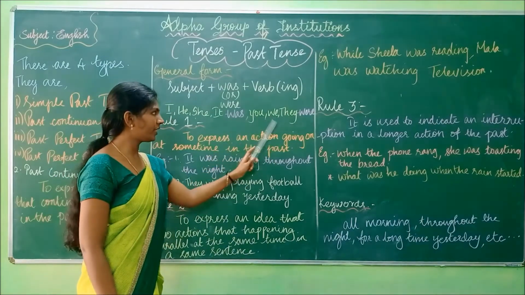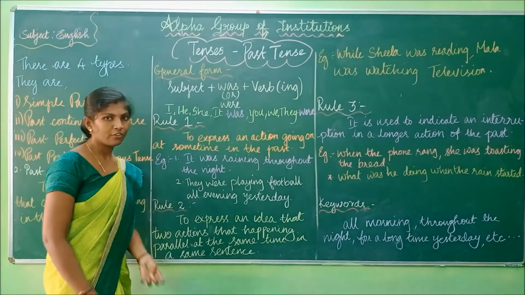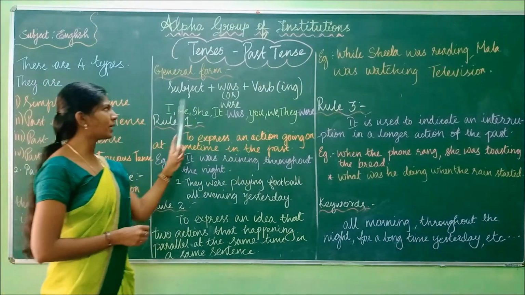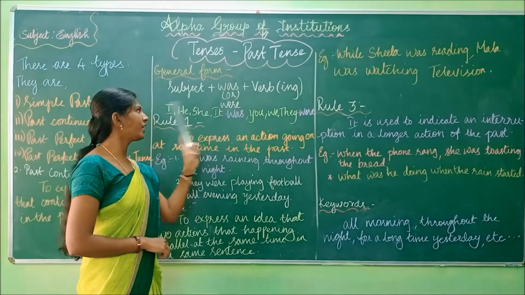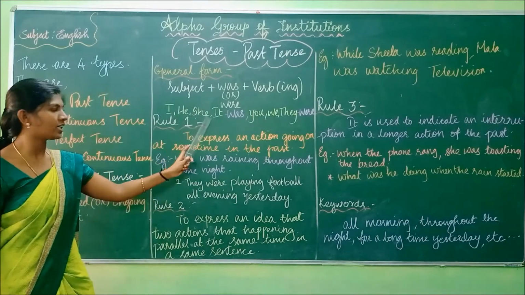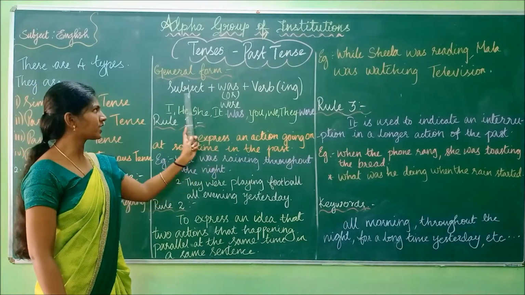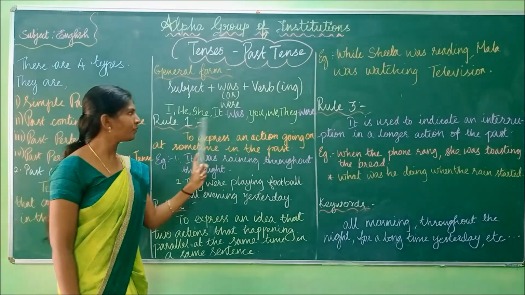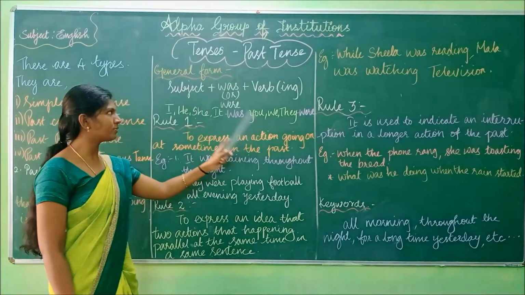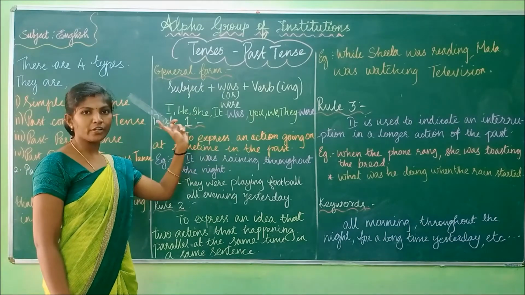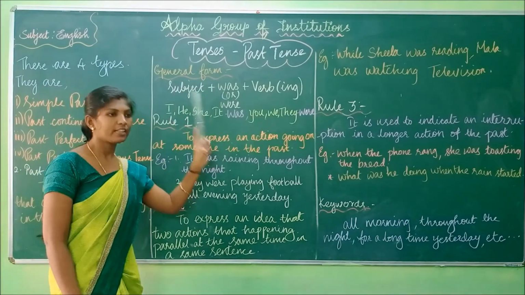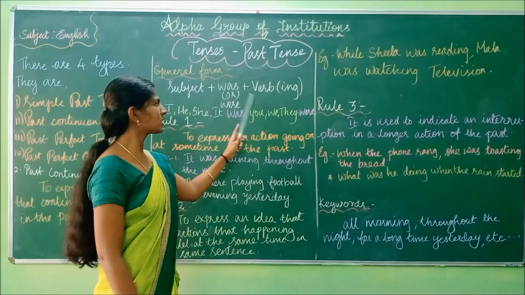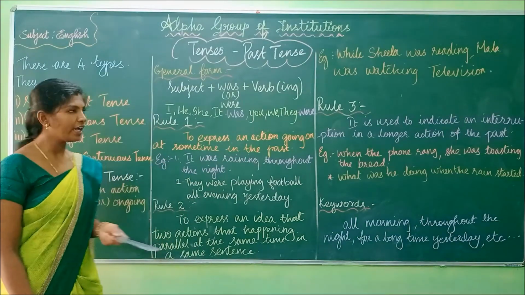You, we, they, we use were. Okay. So subject plus was or were. If it is I or he or she or it, we use was. I was, he was, she was, it was. And if the subject is you, we, they: you were, we were, they were. Okay. So next the action verb will be in ing form.